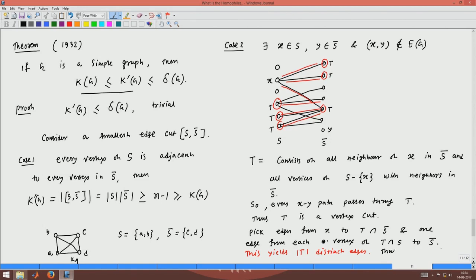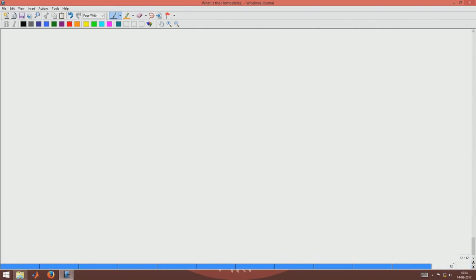Thus, k prime G, which is the cardinality of this cut, is greater than or equal to t, which is the vertex connectivity.